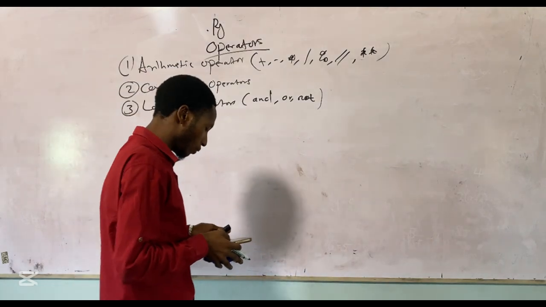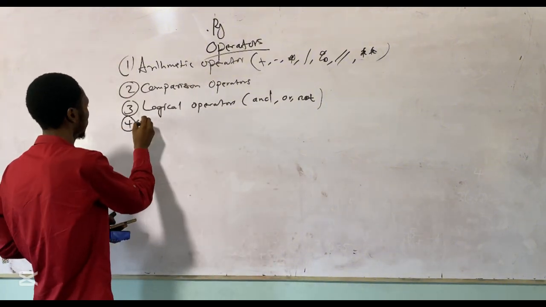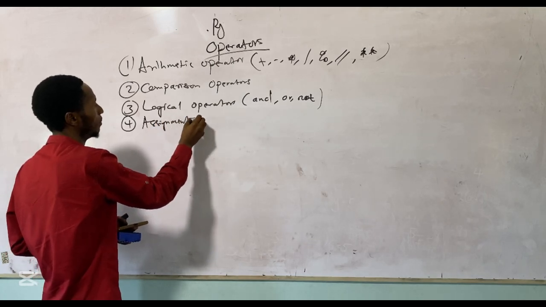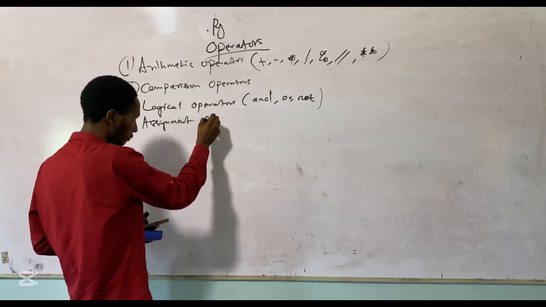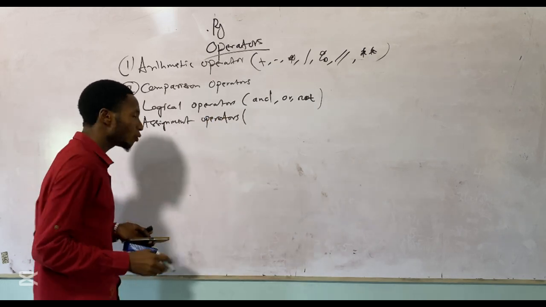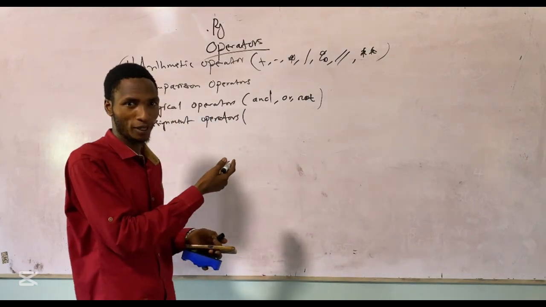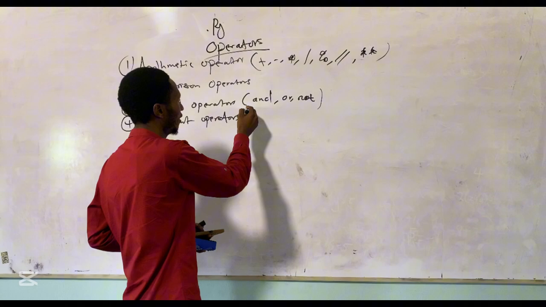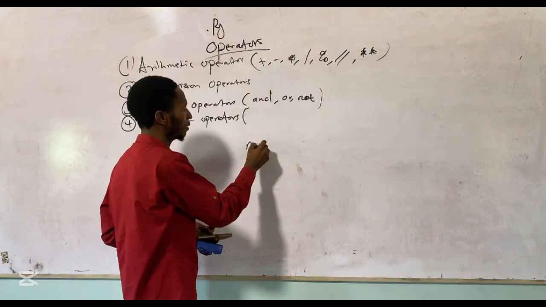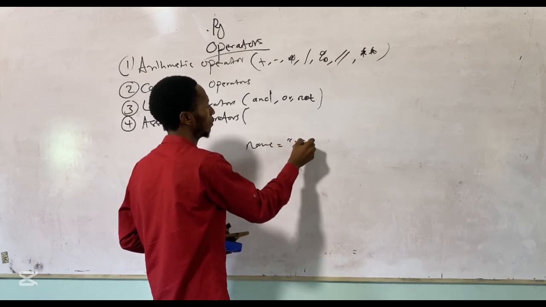Then we have assignment operators. You remember our normal equal sign? That's the assignment operator. You are assigning, for instance, name to be John.